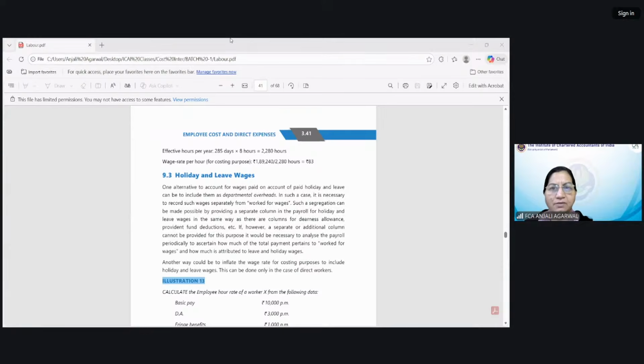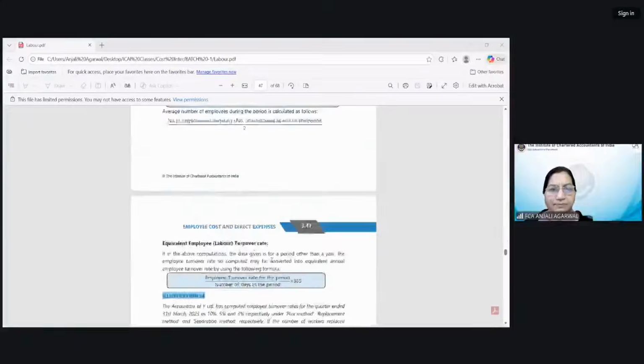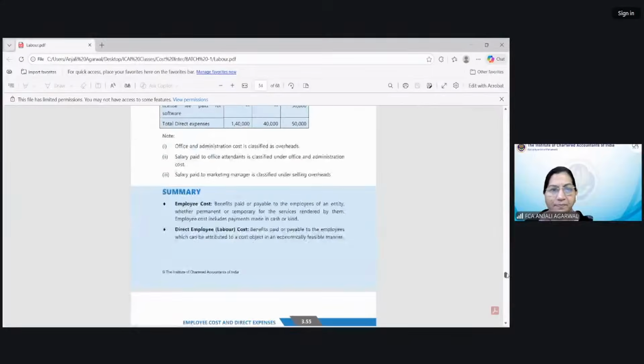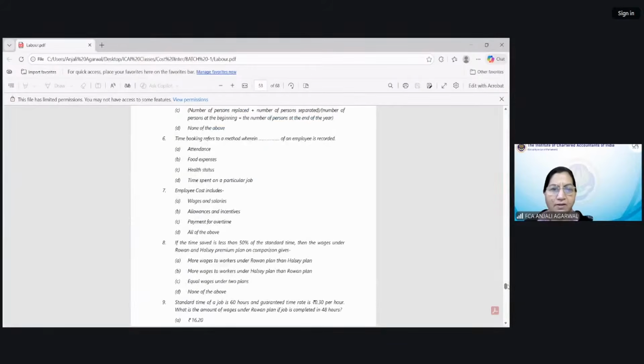Question 8, you mean to say, Akhila, the objective type? If the time saved is less than 50% of the standard time, then the wages under Rowan and Halsey plan on comparison give what?